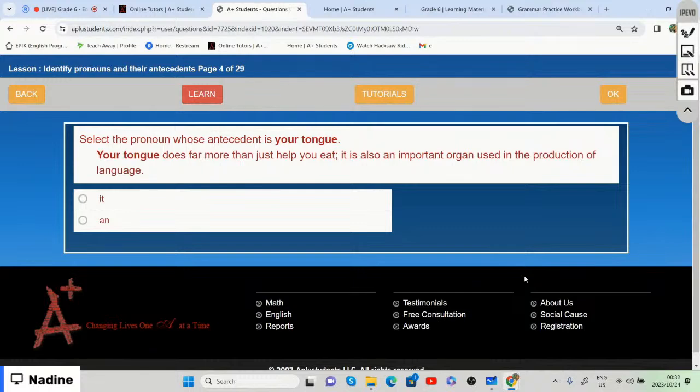All right. So we can then say it is our pronoun, because it is also an important organ. So yes, it is correct. Well done.